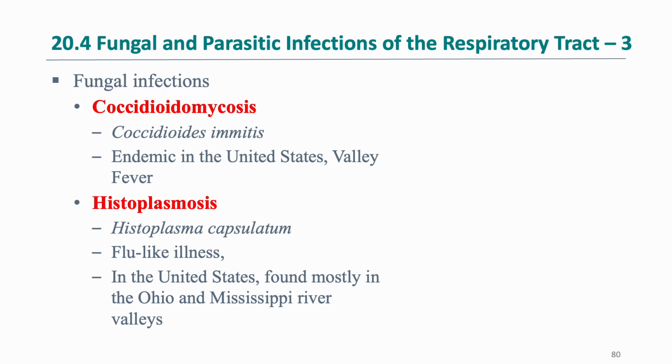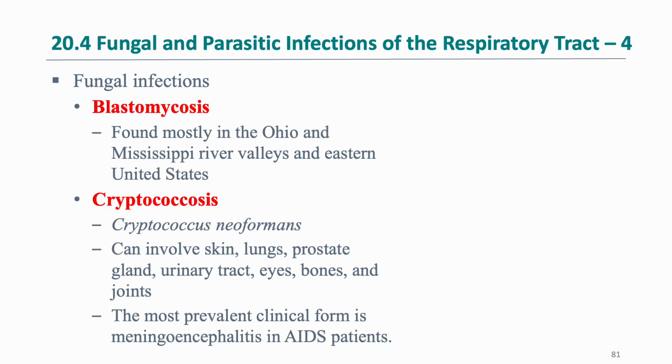In the United States, it is found mostly in the Ohio and Mississippi River valleys. It most commonly presents as a flu-like illness, with erythema nodosum, which is a tender red bump under the skin, and arthritis, which is swollen joints and joint pain, none of which Terrell had, so it could not be that either.